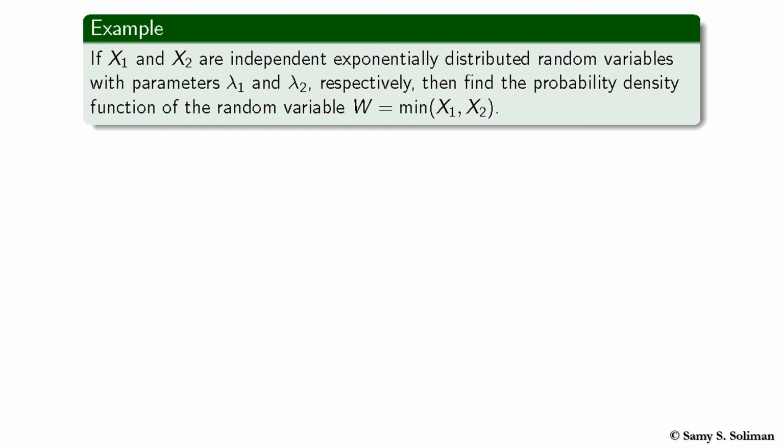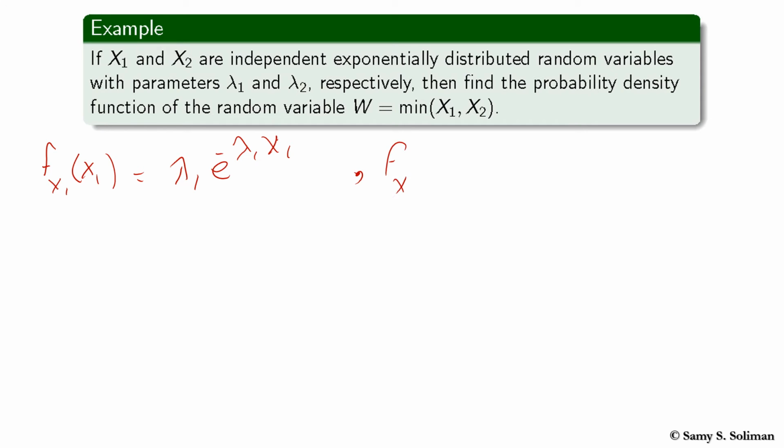Let's have an example to understand how we can apply this formula. We have random variables x1 and x2, and they are independent exponentially distributed random variables with parameters lambda 1 and lambda 2. Since they are exponential, we know that the PDF of x1 is f_X1 of x1 equals lambda 1 e to the power negative lambda 1 x1.